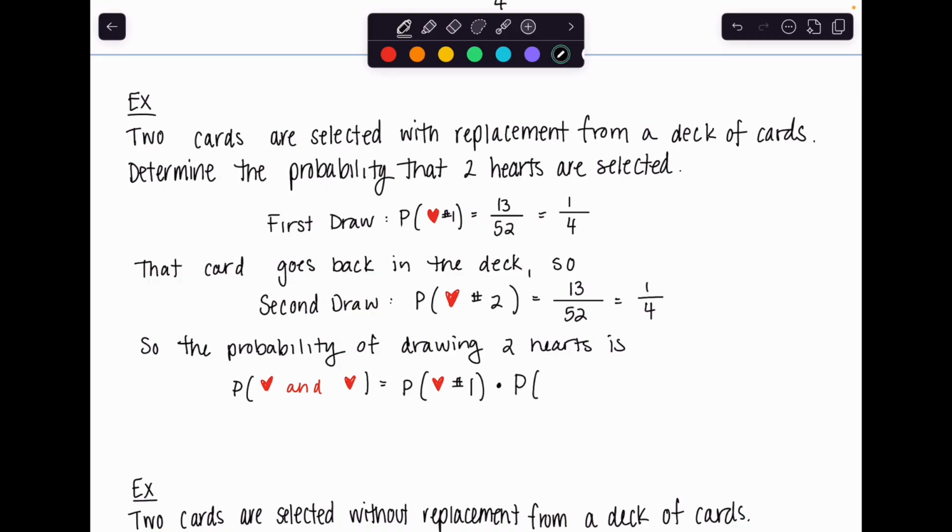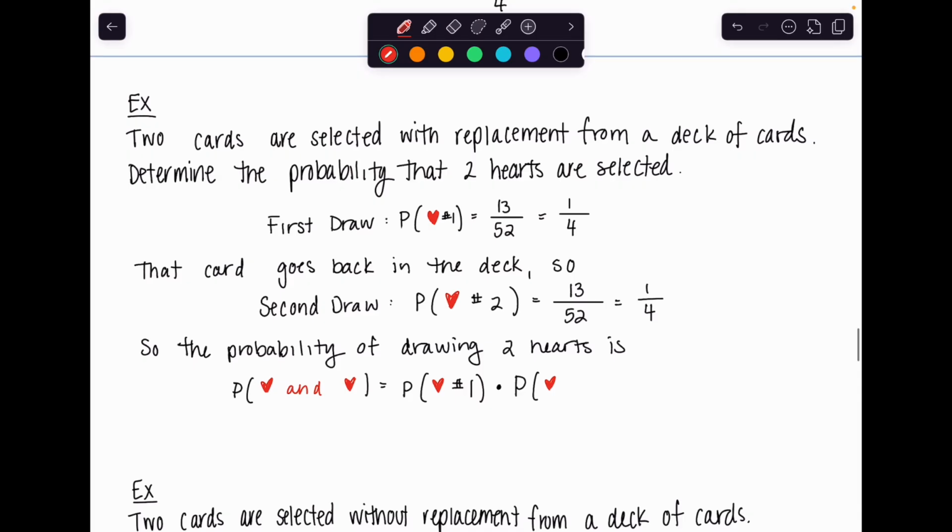Multiplied by the probability of getting a heart on the second draw. So heart number 2. So we have a 1/4 chance multiplied by a 1/4 chance, which means I have a 1 in 16 chance of getting a heart 2 times in a row.